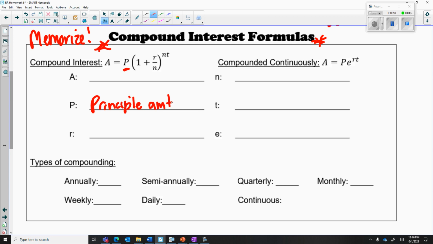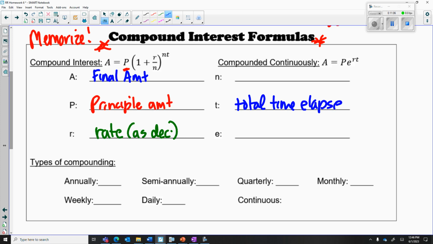The A represents the final amount. The R represents the rate, the interest rate, as a decimal. And the T represents the total time elapsed in the bank, for example. And then the N represents the number of times the interest is compounded per year.